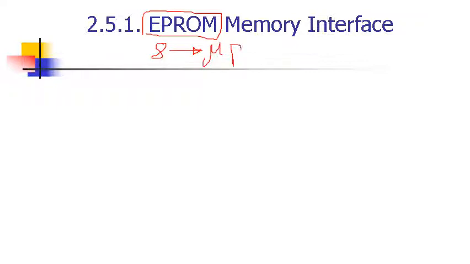And remember, the microprocessor provides you with a 20-bit address, while each of these chips is only 4K, which means they can be accessed through only 12 pins. 2 to the 12 is 4K.